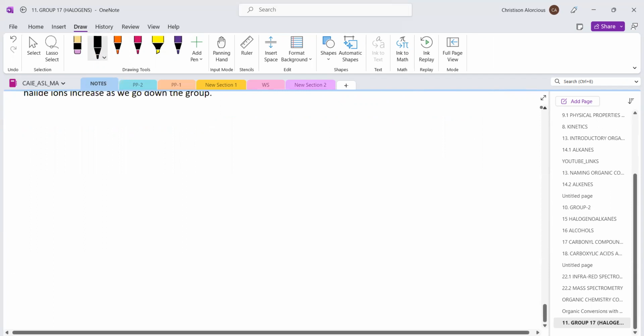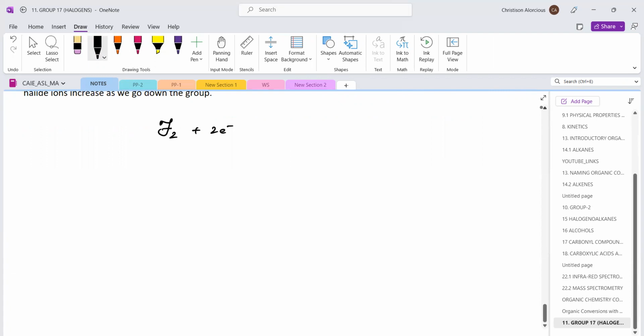So if I have to write the general equations for the redox, I can say fluorine gains electrons to turn into fluoride. Fluorine gains electrons to get converted to fluoride.